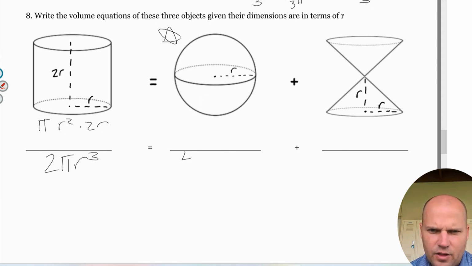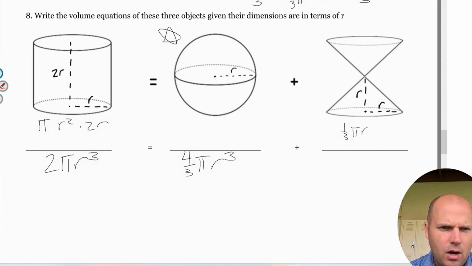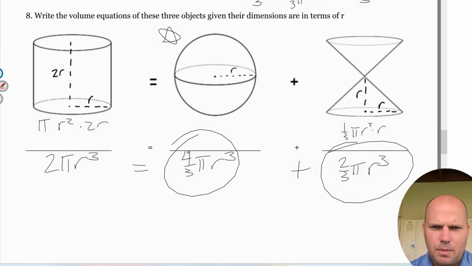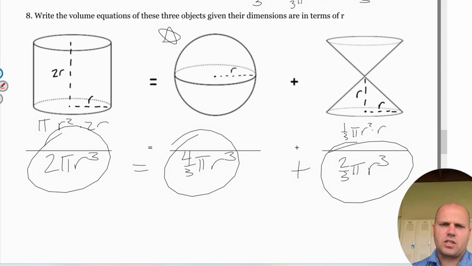We know that this is 4/3 pi r cubed. And we know that this is a 1/3 pi r squared times r. But I have two of them giving me 2/3 pi r cubed. Look how this equals sphere plus double cone gives us 4/3 plus 2/3 is 6/3, which is 2.